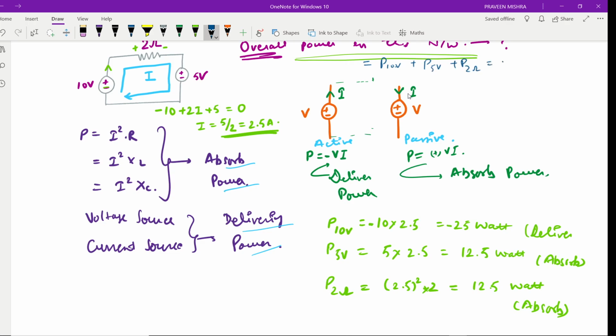It will be 25 delivered, so this will be minus 25, then the power absorbed by the 5 volt source will be plus 12.5, and the power absorbed by the 2 ohm will be again 12.5. So it will be 0 watt. The total power in the network is 0 watt.